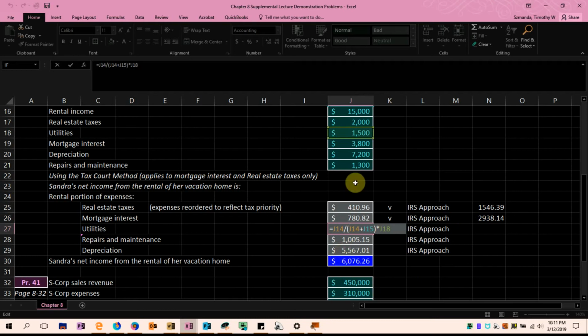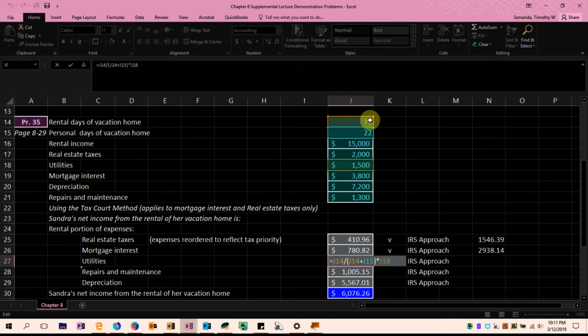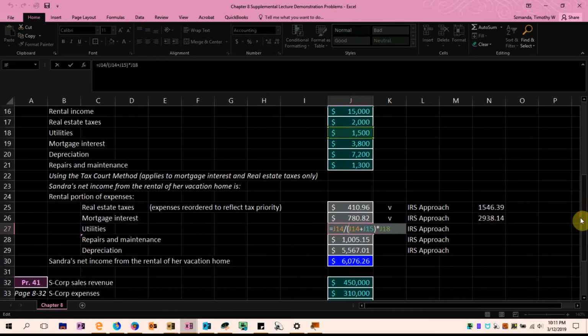And that is, we're going to take each of these expenses, in this case, utilities expense, and we'll multiply it by the fraction of 75 days of rental divided by the total 75 plus 22, or 97. And we will repeat that process for each of these expenses using the IRS approach.